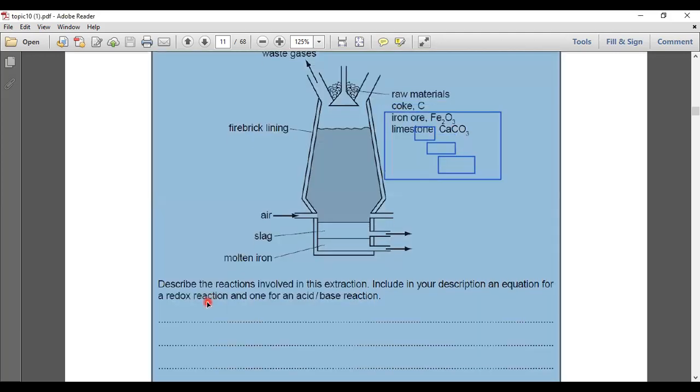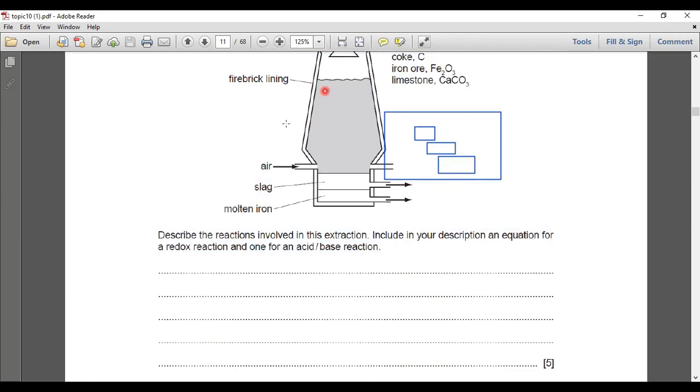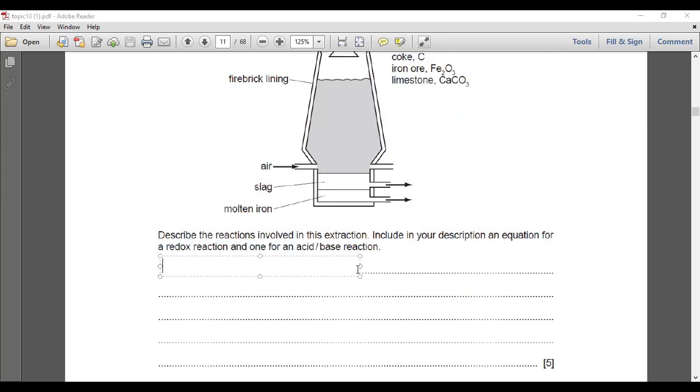What is the first equation I said? Do you remember? C plus O2. Yes, the first equation, carbon will react with oxygen to form CO2. And this is a redox reaction.